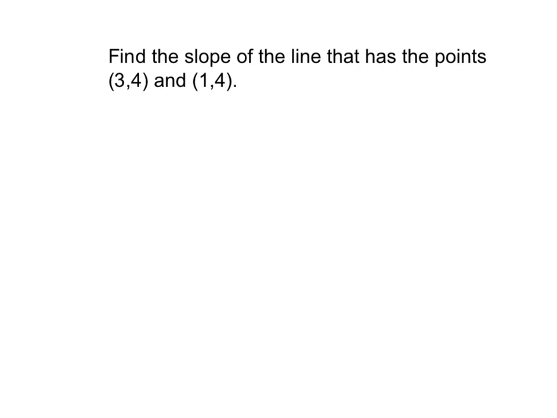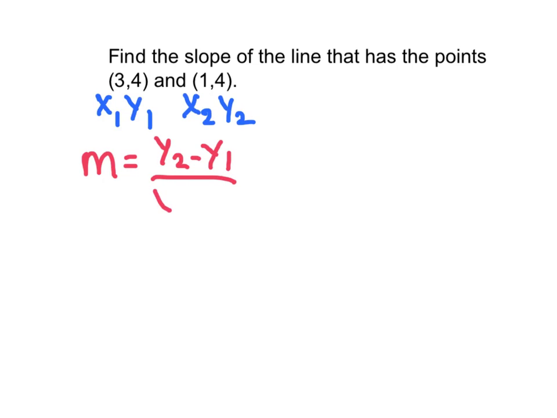Here's our next example. Pause the video, calculate the slope, restart to find your answer. Welcome back from pausing the video. Let's call 3, 4 our first x value and first y value, and 1, 4 our second x value and second y value. Let's use our slope formula. The two y values subtracted over the two x values subtracted.